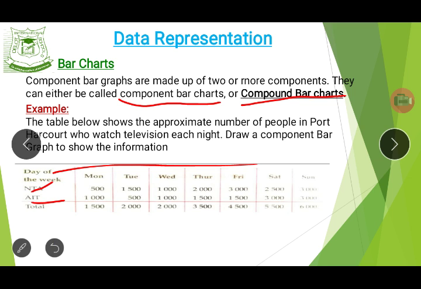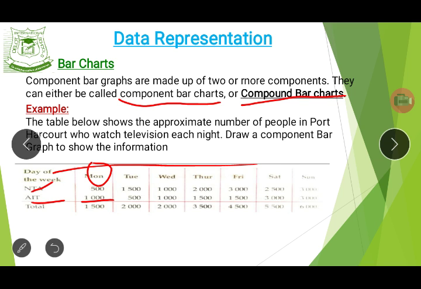good. So for Monday, 500 people watched NTA, right? And then 1,000 persons watched AIT. Do you see that now? 500 to NTA on Monday, 1,000 to AIT on the same Monday. So we're going to be drawing a component bar chart for this Monday representing both AIT and NTA.